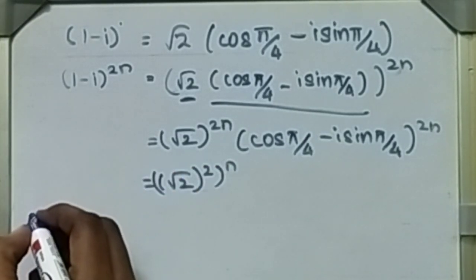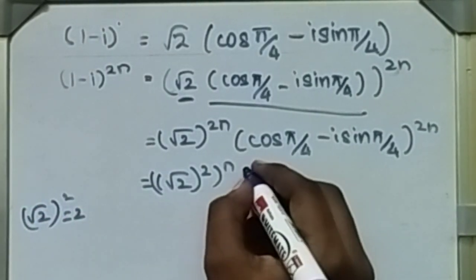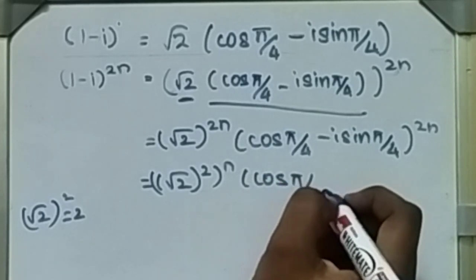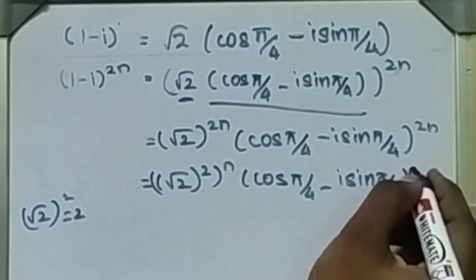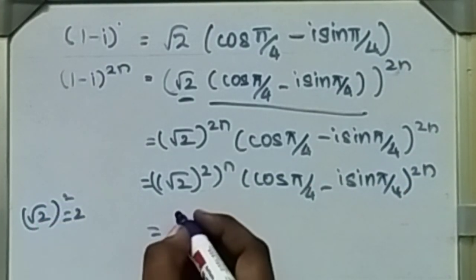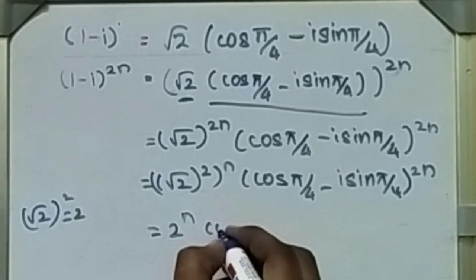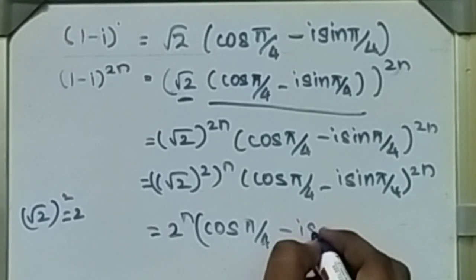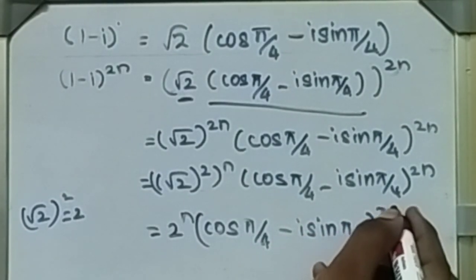As we already know, root 2 squared equals 2. So 2 power n. It will remain (cos pi by 4 minus i sin pi by 4) power 2n.